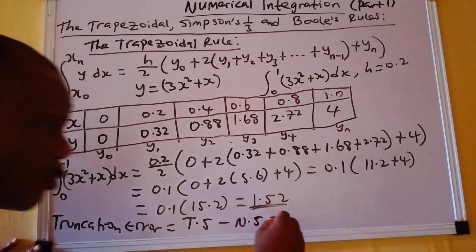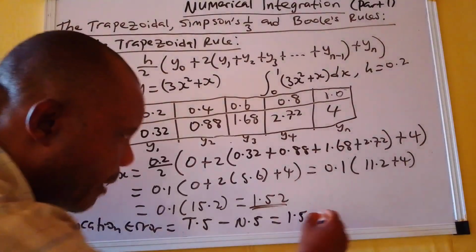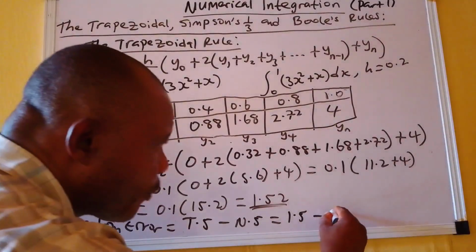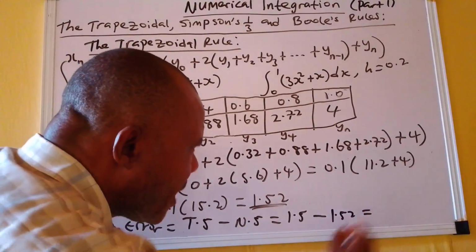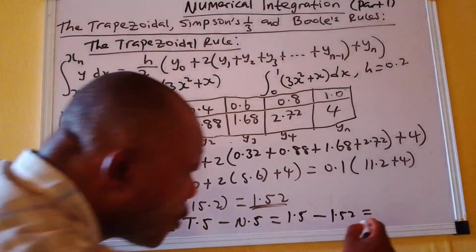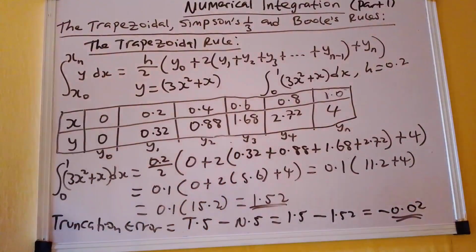Our true solution is 1.5, remember, using the conventional method. Then our numerical solution using the trapezoidal rule is 1.52. So our answer will be equal to minus 0.02. That will be our truncation error.